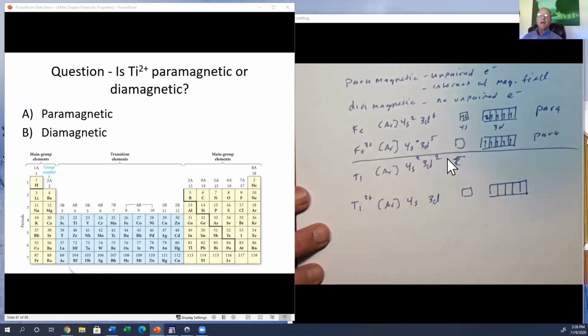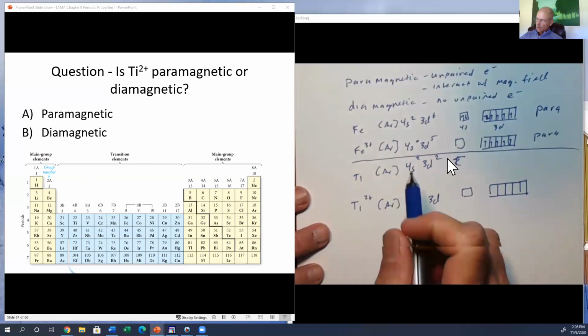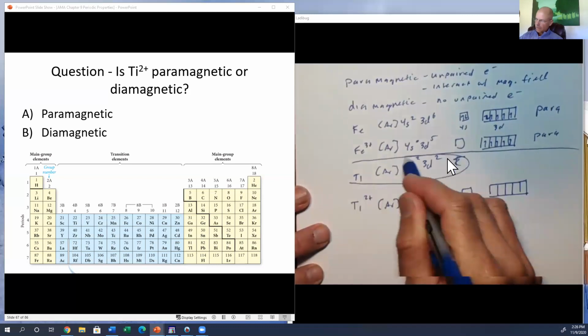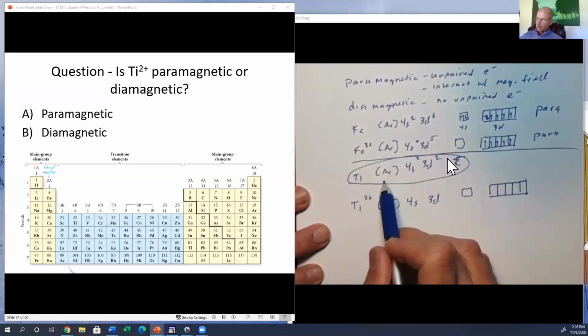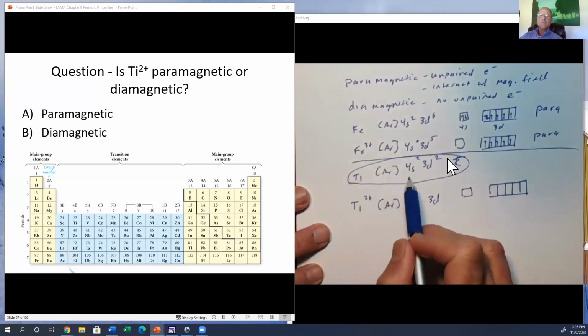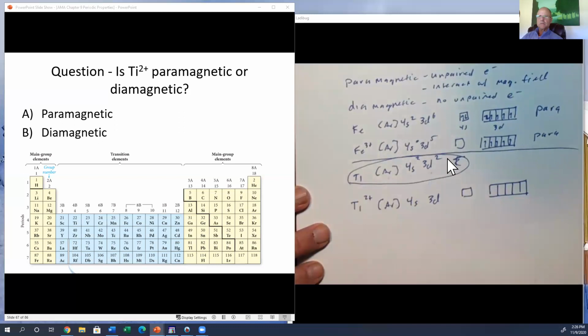Remember, when you form the ion of titanium, it's 2 plus, where are the 2 electrons going to come out of? The s or the d orbitals? The s orbitals, right? They come out of the s orbitals. That's true for all transition metals. When you form the ions, take the electrons out of the s orbitals before you take them out of the d orbitals.